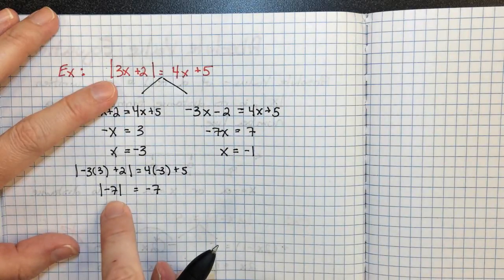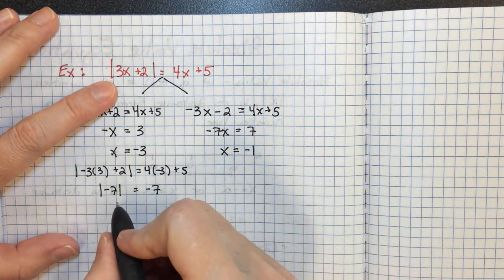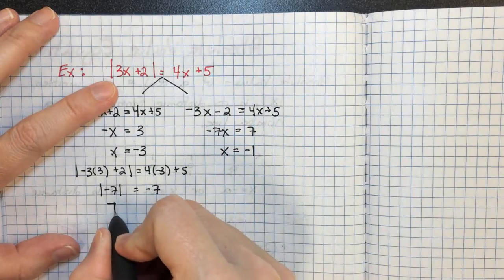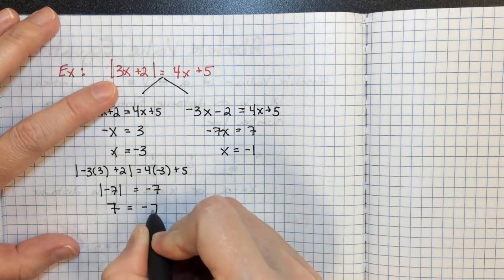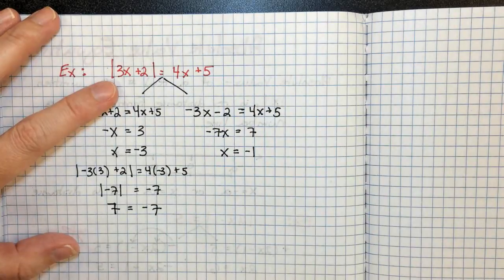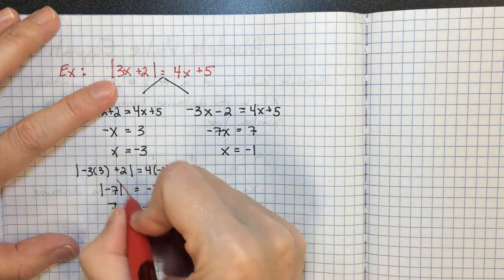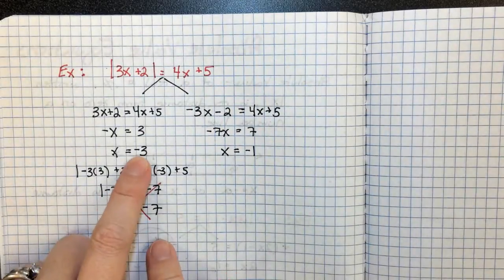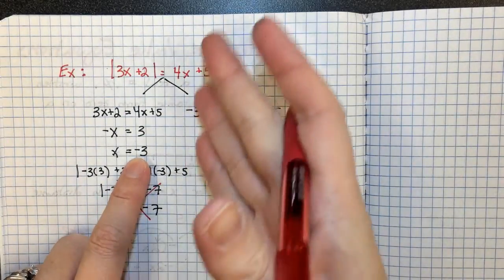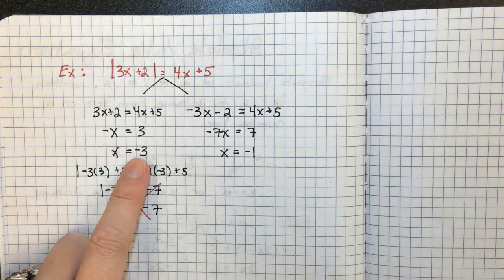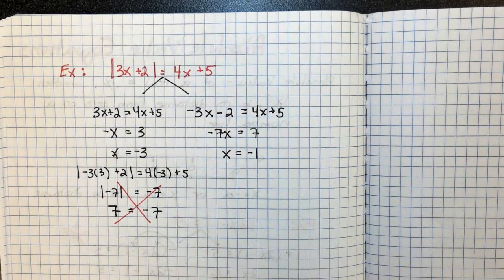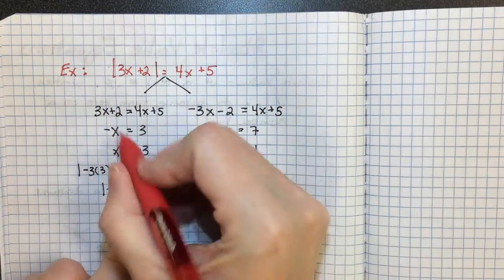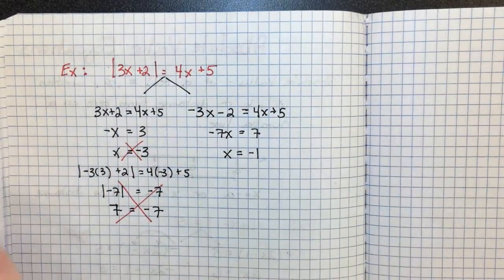But remember, the absolute value of negative 7 is a positive 7. These two values do not equal each other. So this does not work. The solution of negative 3 is something we found from here, yes, but it's extraneous because even though we solved for it, it doesn't work. So we would not use that answer.